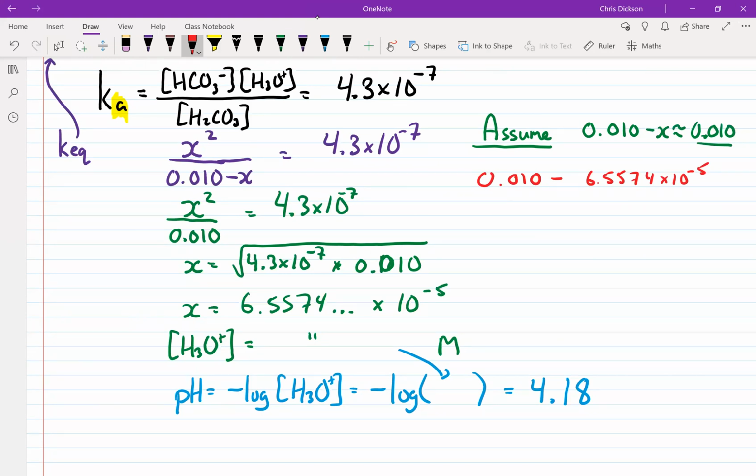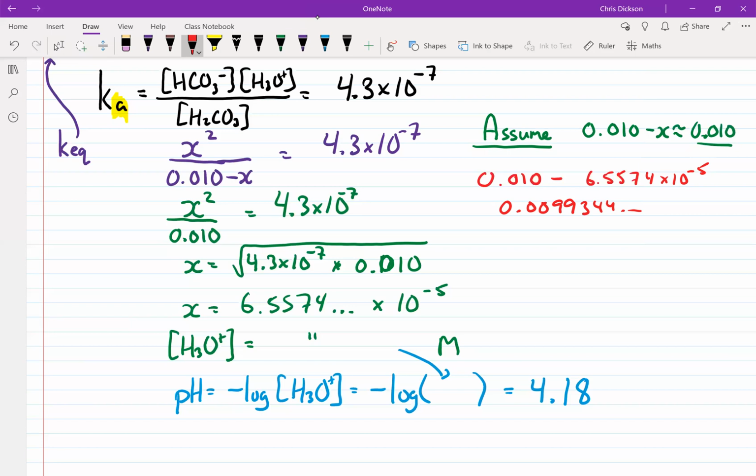I'm getting 0.0099344 and change. And if you think about that number, although it is smaller than the original number, it's not very different. It's quite similar, by a very small margin. So I would say that assumption is a pretty good assumption there.